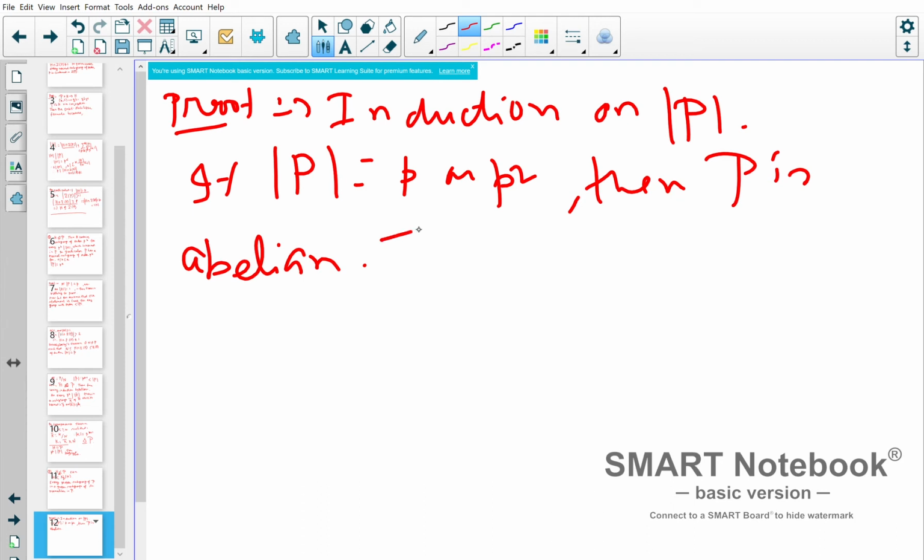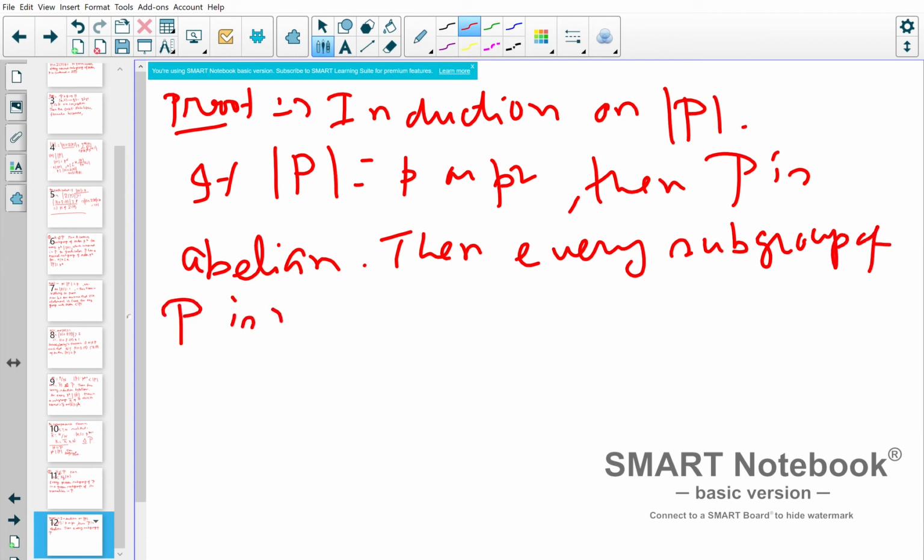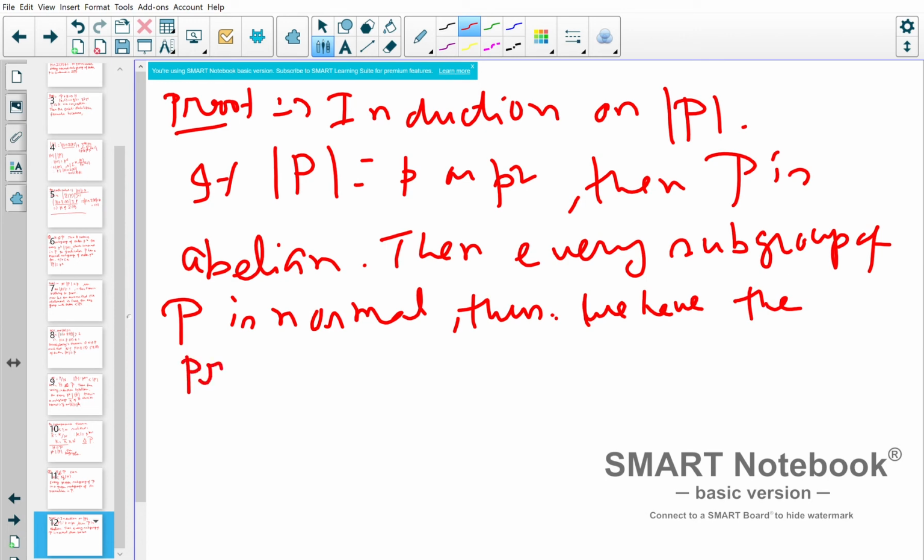Then every subgroup of P is normal, and thus we have the proof, right? Because then the normalizer will be the full group P, and the original subgroup is contained properly inside the full group.